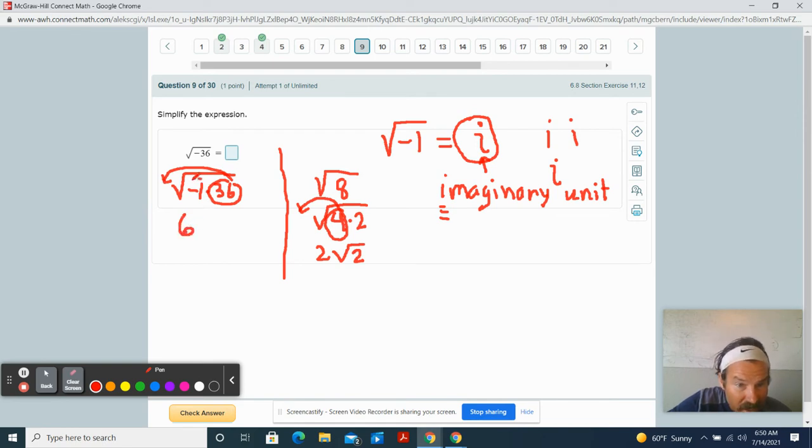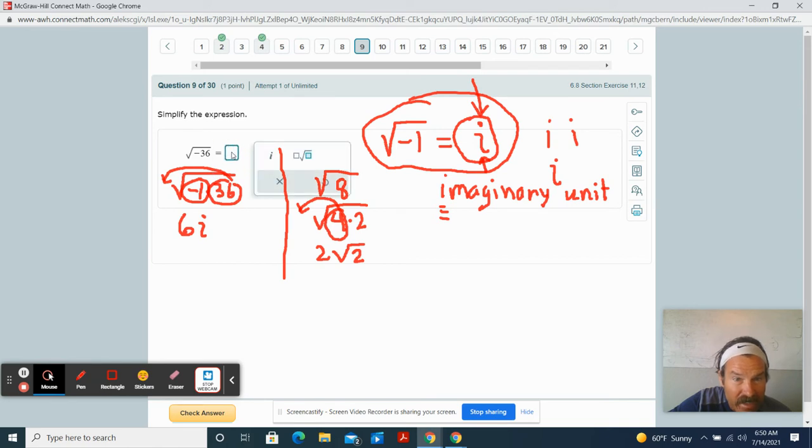And I can also take the square root of -1, because I know the square root of -1 is written as this letter right here, i. It's common to put the letter after the number, kind of like variables and coefficients. So to simplify this expression, we say 6i. 6i is what the square root of -36 is.